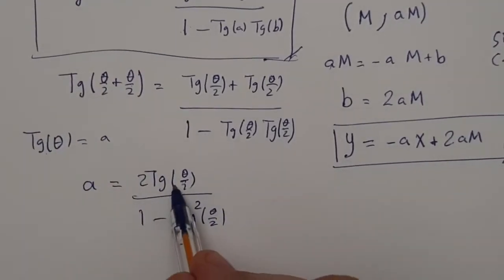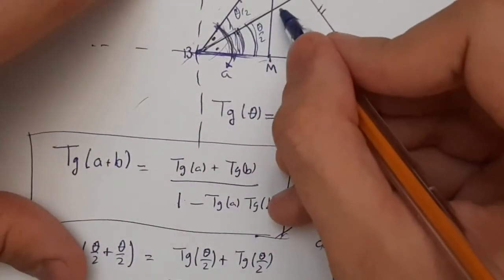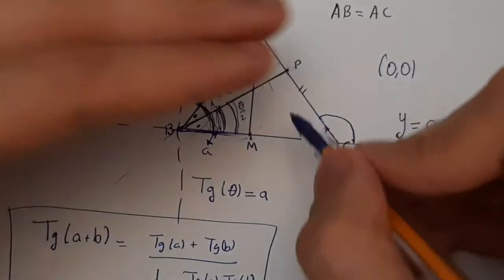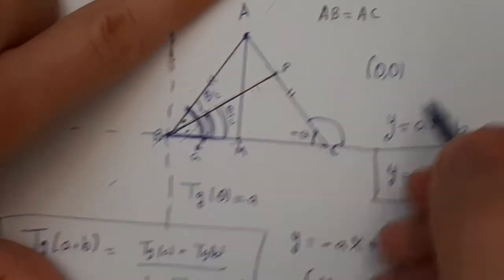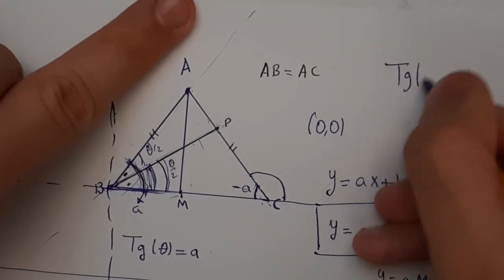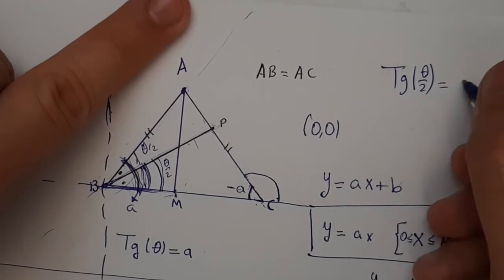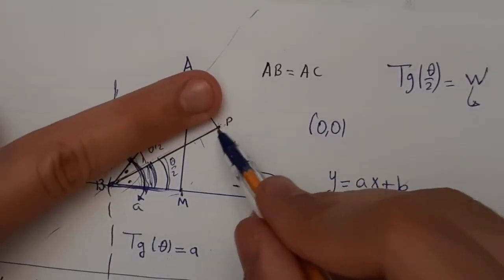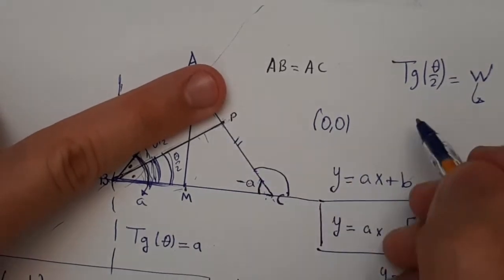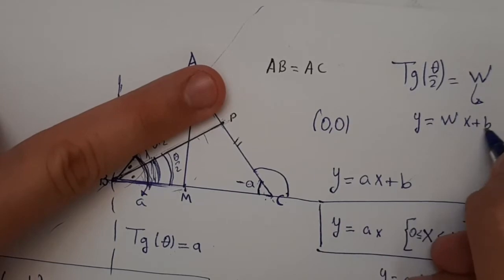Now remember, what is the tangent of theta divided by 2? This angle over here. This is theta divided by 2, right? It is the angle that this line is making. So the tangent of theta divided by 2, I can call it what? W, okay? W is the linear coefficient of this black line, okay? So it is y is equal to w x plus b, okay?